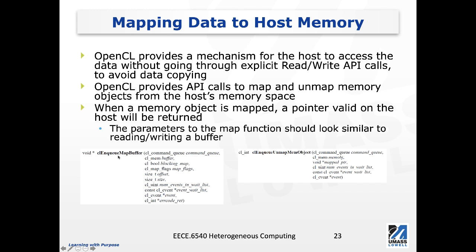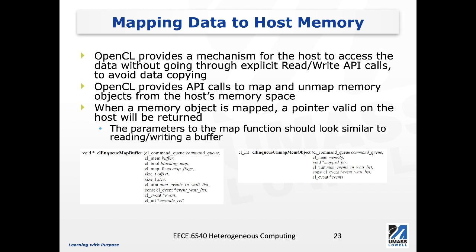When we use clEnqueueMapBuffer, what the OpenCL runtime attempts to do is to provide a pointer to the host side, so that the host can use this valid pointer in the host memory space to access the data in the device.